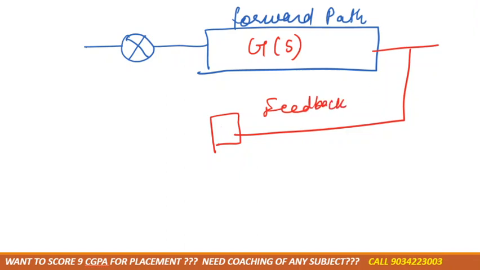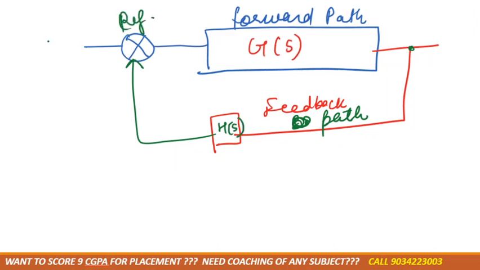Because, as you can see, the output is connected back to the input through the feedback path H(s). That is known as the reference. Here we'll get the input R(s), and here we'll get the output C(s). This is a standard block diagram. You know about it, right? Most of the time it comes in.